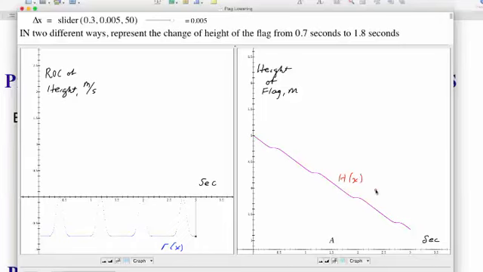So I'm talking about for small enough intervals, so you're indistinguishable from exact rate of change or exact change in height. Super small intervals. That's your clue.